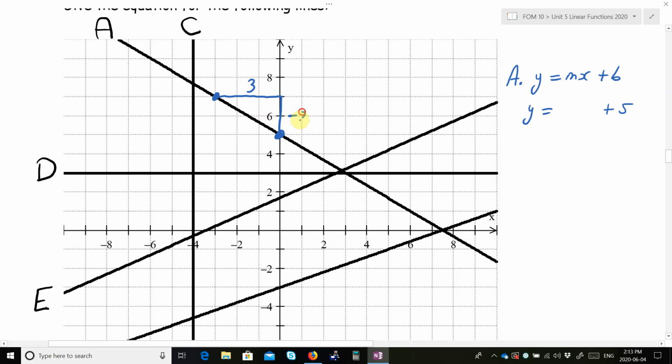A run of 3 and a rise of negative 2. Right, and if we did that again, you would see over here, right? Rise negative 2, run 3. So rise over run is going to be negative 2/3 times x. Negative 2/3 x plus 5. And that would be the equation of our line. And you can see how that slope is working out.